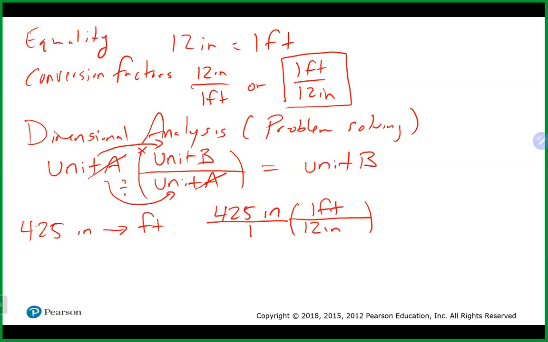Just like when you divide two numbers that are the same, it equals 1, when you divide two units, one on top and one on the bottom, they cancel each other out. So we multiply 425 times 1, then divide by 12. 425 divided by 12 gives us 35.41666666, lots of sixes, something like that. And the units we are left with would be feet.